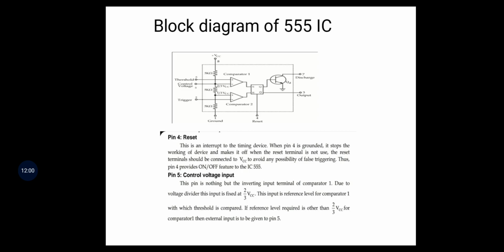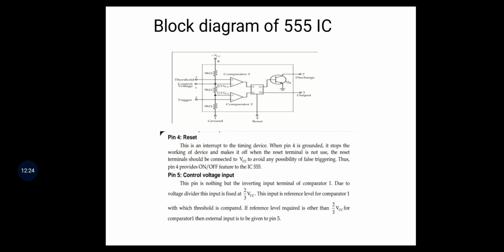The comparator 1 minus terminal voltage is 2/3 VCC. If you want to increase or decrease the voltage of the 2/3 VCC, we give the voltage at the control input, that is pin 5. If you want to increase the voltage, we apply a positive voltage at control voltage.